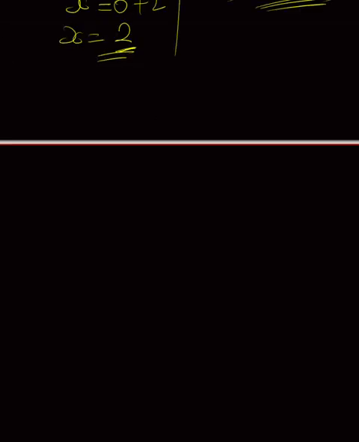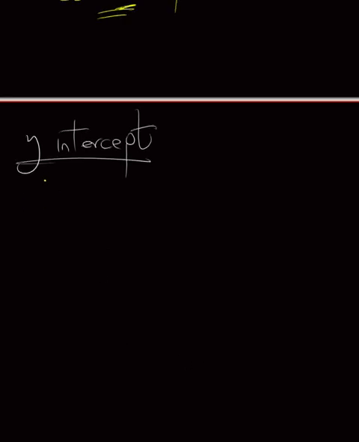Then lastly, let us find the y-intercept. This is the point at which the line cuts the y-axis. And from what we have seen above, at the y-intercept, x is 0.